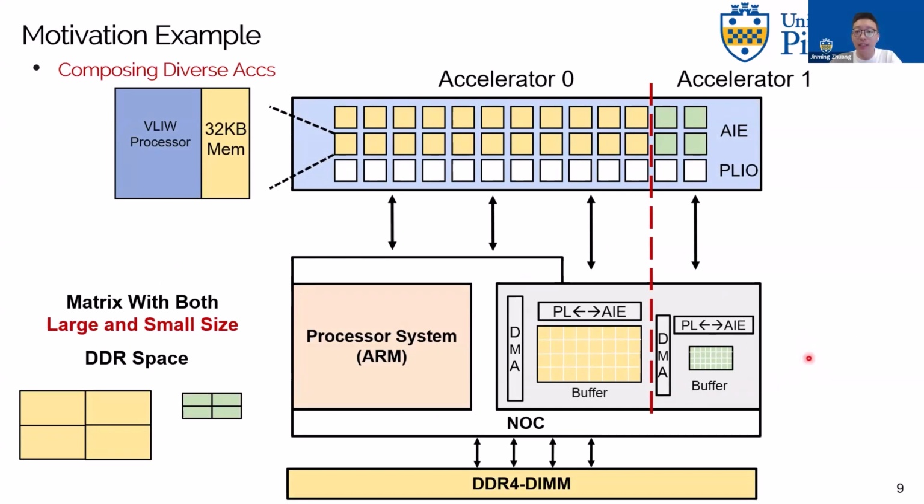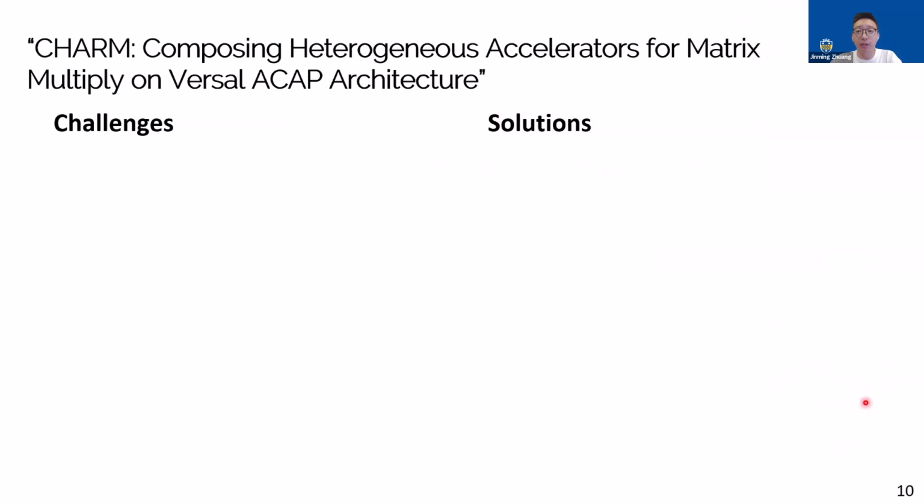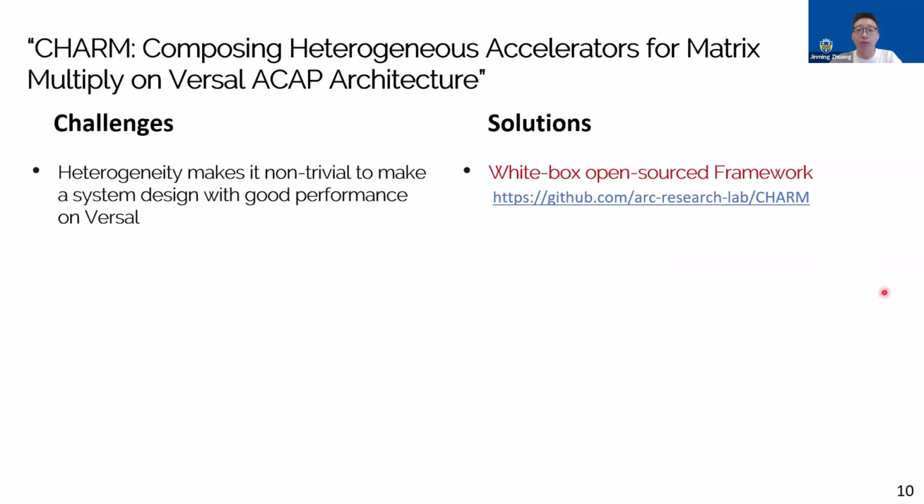To systematically analyze how many accelerators we should design for an end-to-end application, as well as how to partition the hardware resource to each accelerator, we also provide analytical models and an automatic flow to do the design space exploration. So in a short summary, we provide a white box open source framework to aid the programming effort for matrix multiply based system level design. It can also be a good reference to guide the design of other applications.